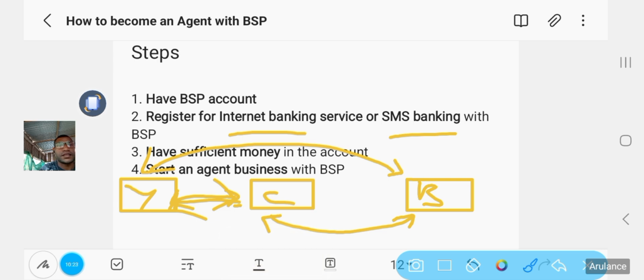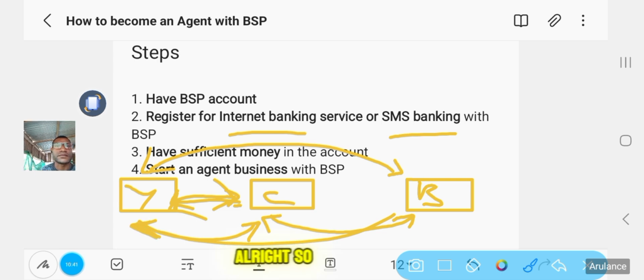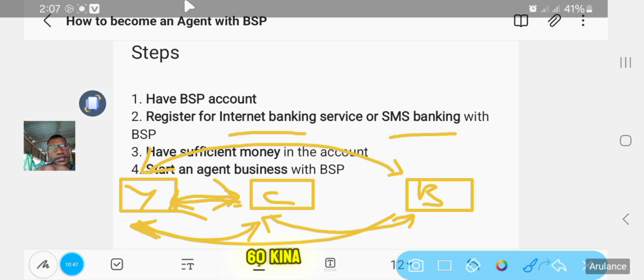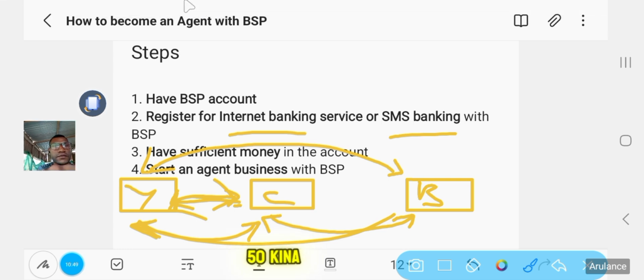All right. So this client will have to transfer 60 kina from the bank to you. All right. So he will give you 60 kina, and then you will give him 50 kina cash. All right.